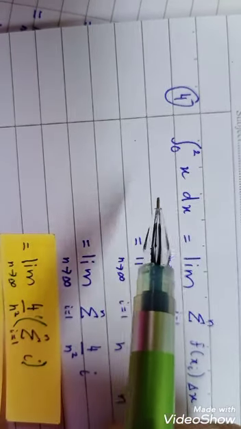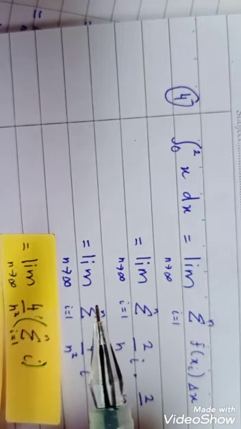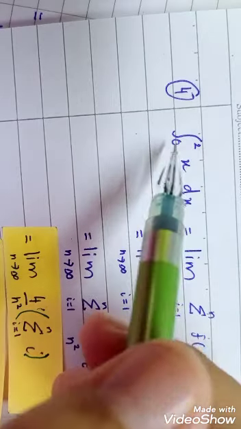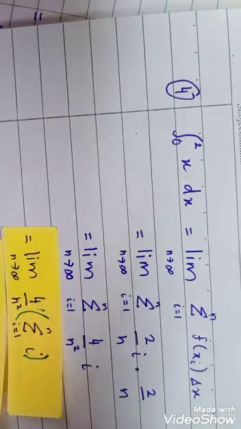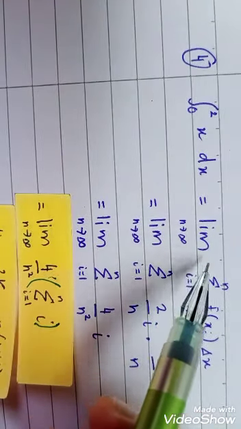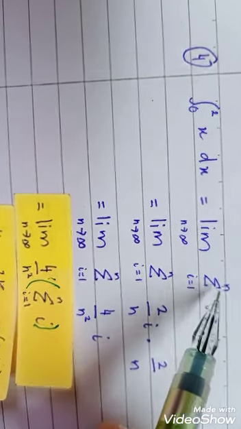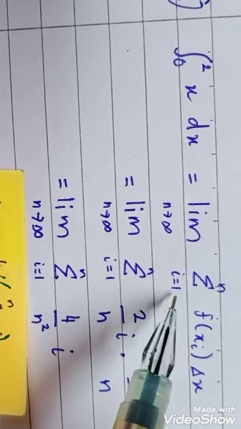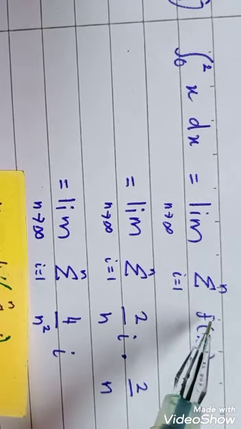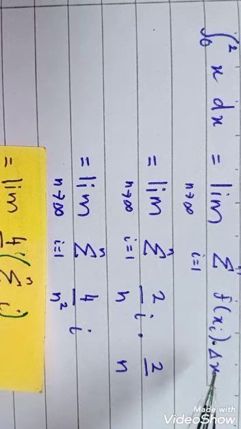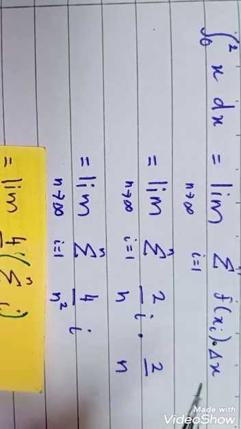Now we move to the fourth step, which is to use the limit laws to simplify. Integrate from 0 to 2 of x dx equals the limit as n approaches infinity of the sum from i equals 1 to n of f(xi) times delta x.